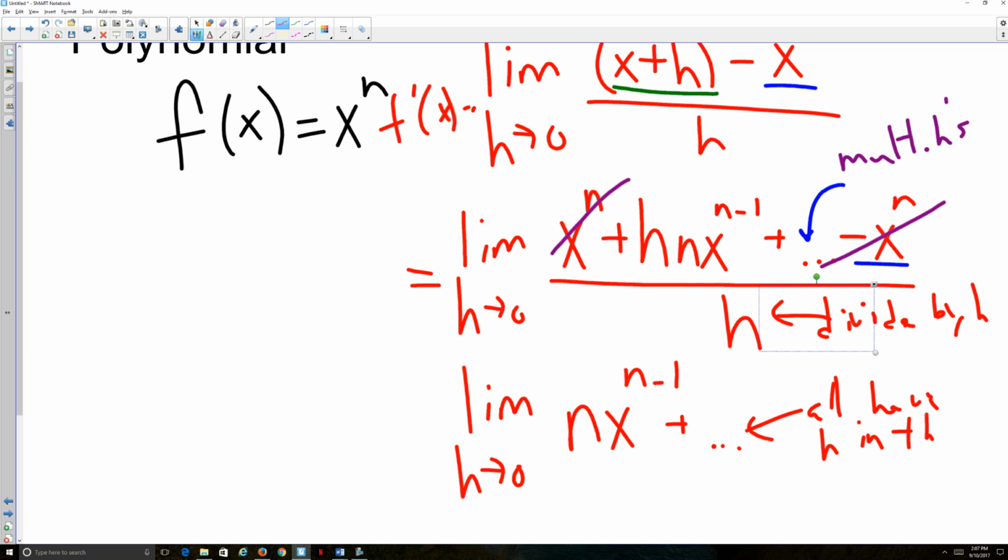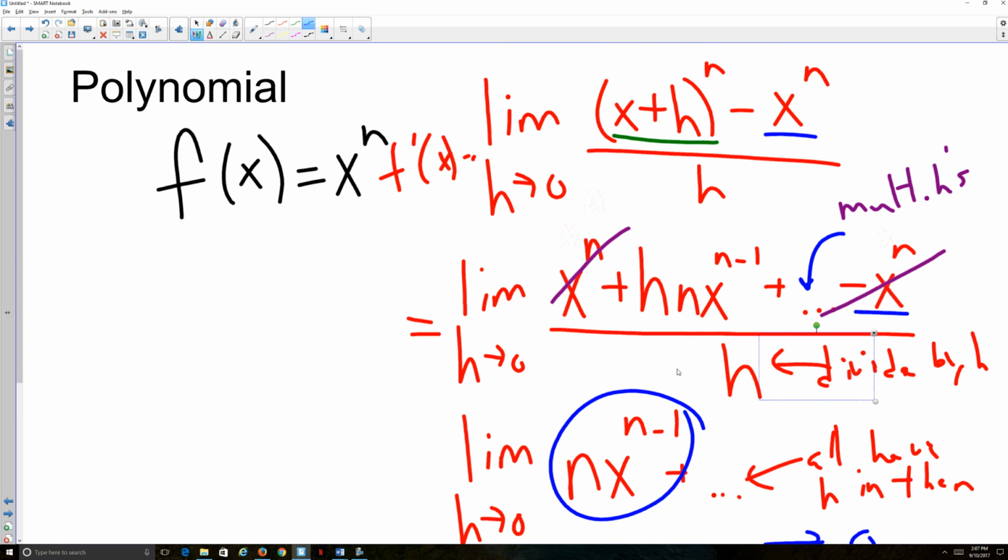Now, what is the significance of that? Well, that means that these all go to 0. And so what's left is this right here. So with all confidence, not even knowing what's in that ellipsis there, we can say that the derivative of x to the n power is n x to the n minus 1.